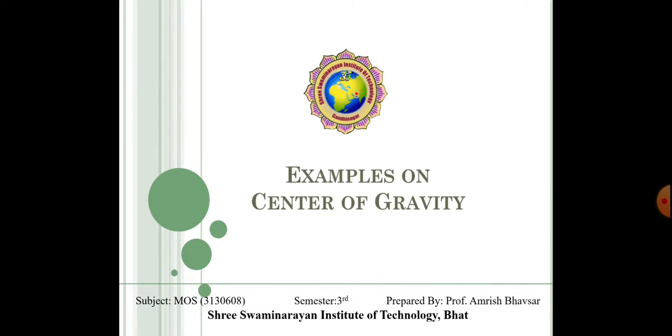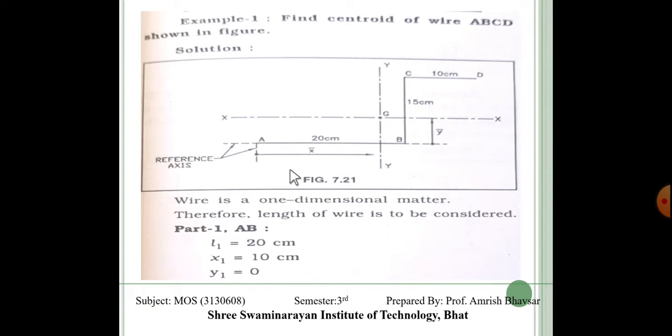For a 2D element, we have to find the area. And for 3D, we have to find the volume. And we have equations for how to find length, area and volume and its CG or centroid. So, let's start with an example.